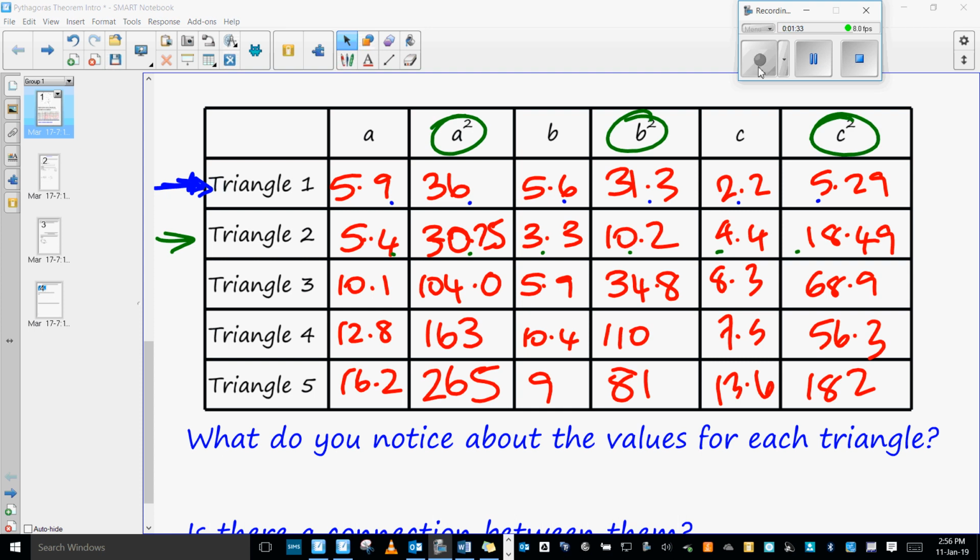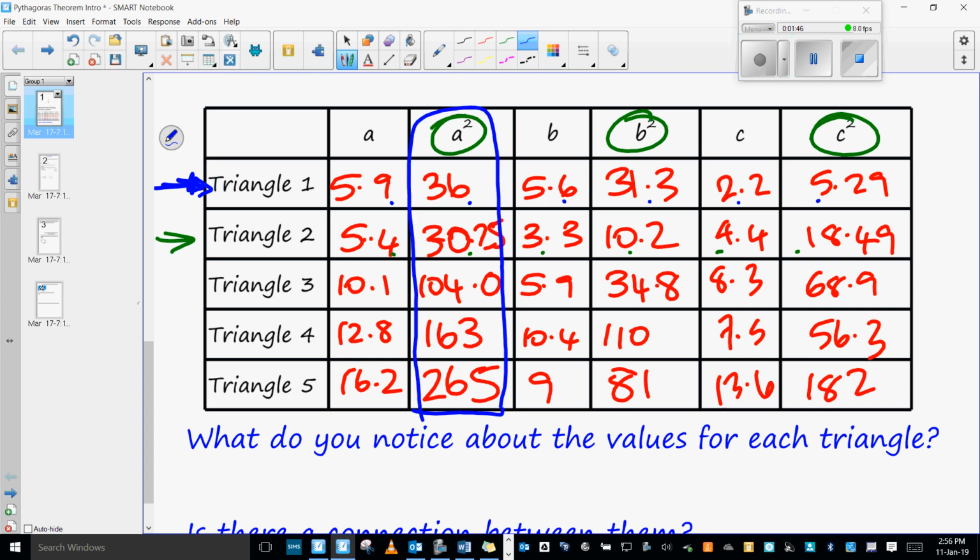So we didn't seem to come up with it. Can you tell me anything special about this column or this one compared to the others? Is there anything special about that one compared to the others?